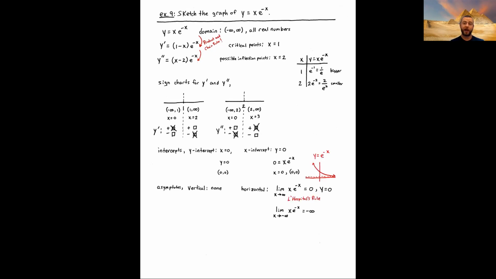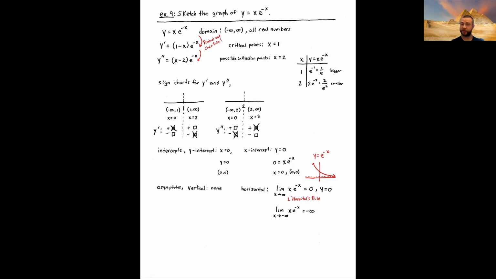You might want to keep in mind basic features of exponential functions. At the far right there is the graph of e to the negative x, which does have a horizontal asymptote of y equals 0. So you should keep in mind, if your function contains an e to the x or e to the negative x, like we have here, x times e to the negative x, there's likely going to be horizontal asymptotes.